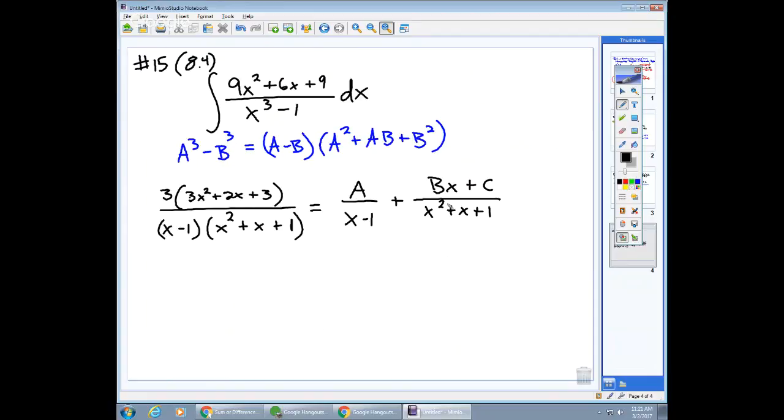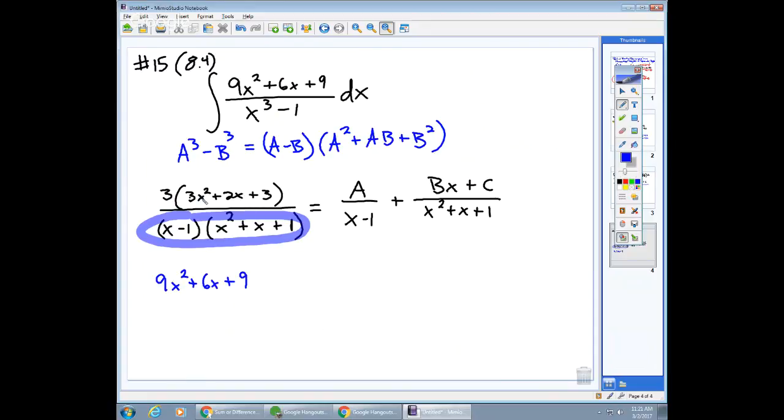Multiplying by the common denominator, being that denominator right there, I get complete cancellation on the left. So I'm going to put that back to the original form up here: 9x squared plus 6x plus 9.